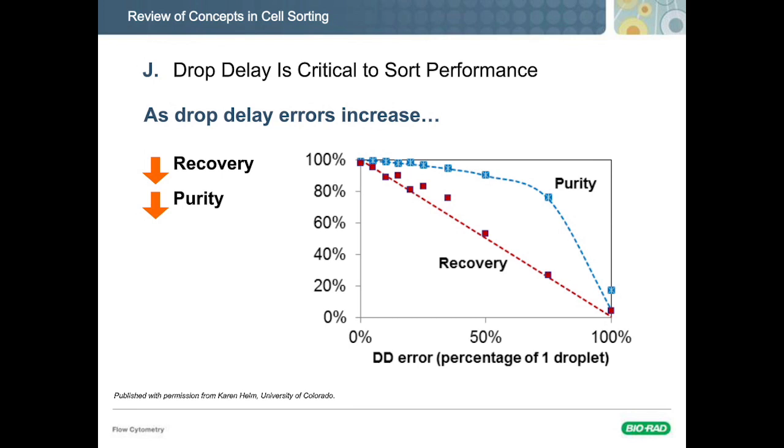If you are off a certain percentage of your drop delay, you will start to immediately be making incorrect predictions on the edges of what you thought you were getting, and you'll be losing some of those. Now, the purity in this example is holding higher until it goes off and then falls off rapidly. And what's going on there is that at lower event rates, even if you're losing some of the cells and getting decreased recovery, you're still not affecting your purity quite yet.